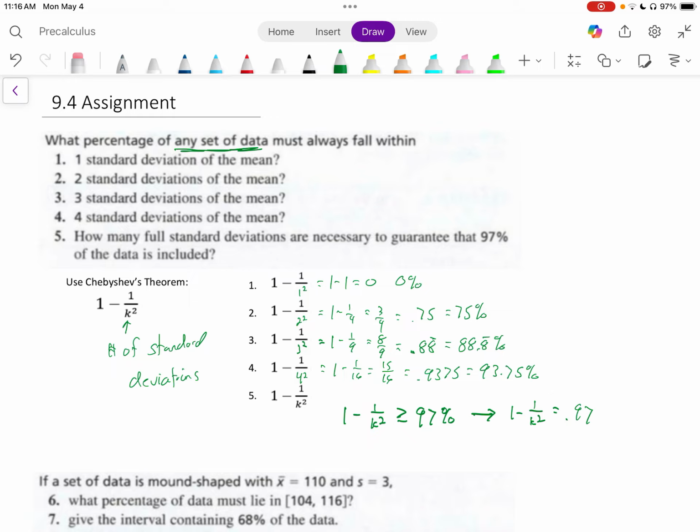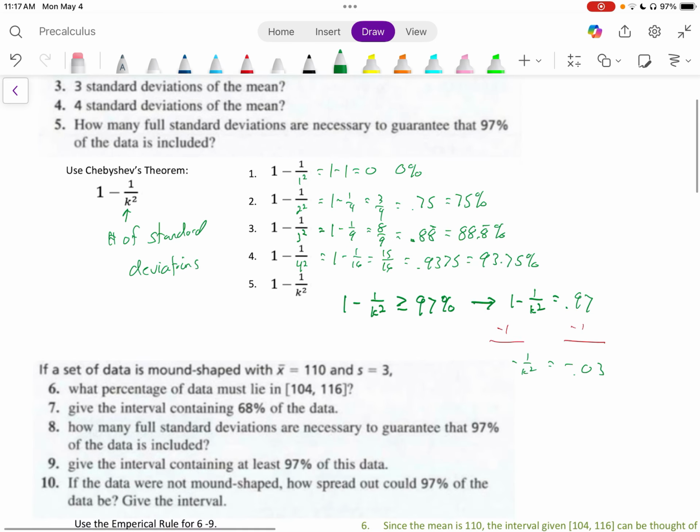And now we're just solving an algebra problem. We'll subtract 1 from both sides. And we get negative 1 over k squared equals negative 0.03. We can think of this over 1 and just cross multiply. So we have 0.03 k squared equals 1, because a negative times a negative is positive.